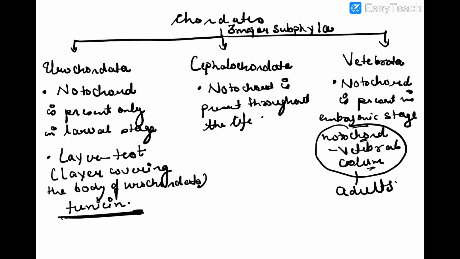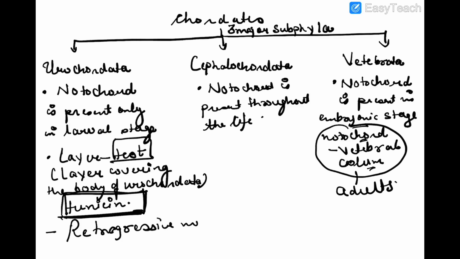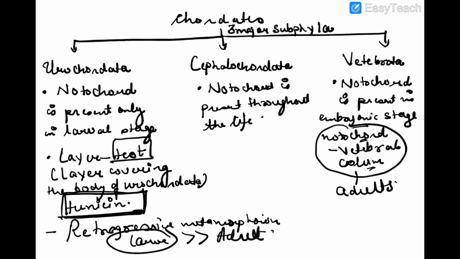The body of Urochordata is made up of tunicin, and it is covered by a layer which is known as test. Urochordata also show retrogressive metamorphism. Retrogressive metamorphism means that the larva has more advanced characters as compared to the adult. Normally, the adult has advanced characters compared to the larva, but in retrogressive metamorphism the larva has more advanced characters as compared to the adult.